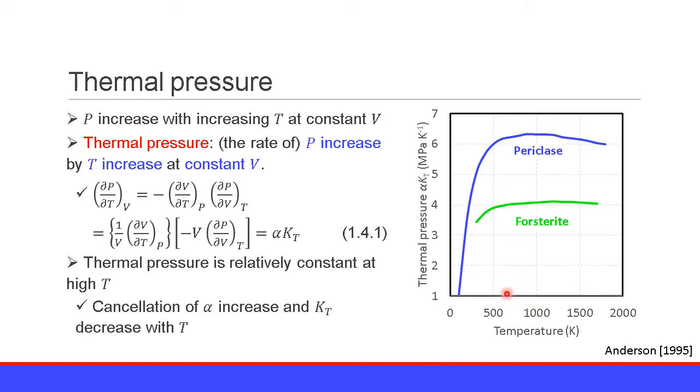As you can see, at temperatures above 500 kelvins, the thermal pressure of forsterite and periclase are relatively constant. This is because of the cancellation of the increase in thermal expansivity alpha with increasing temperature T and the decrease in the isothermal bulk modulus Kt with increasing temperature T.